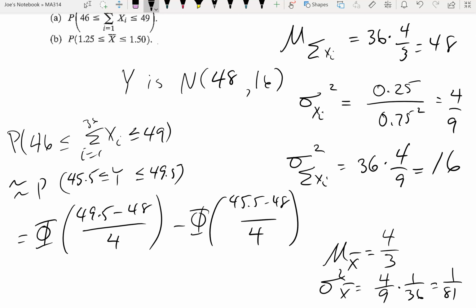Then you would do the exact same thing, just using this mean and that variance. We're dividing by 36 because there are 36 in the sample. That was our central limit theorem idea, right? We okay with that?